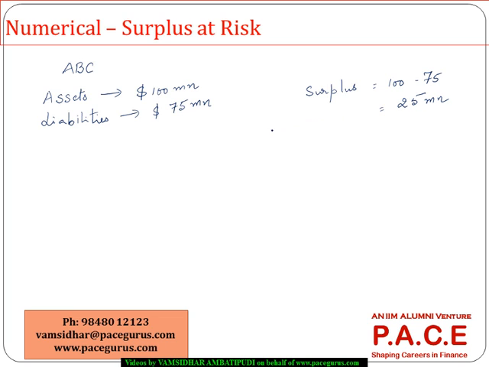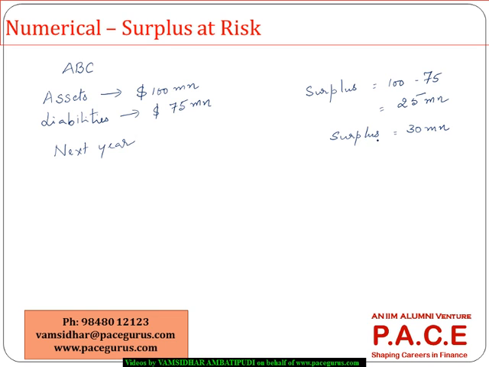Right? And now I am expecting that for the next year, let's say I am expecting that the surplus will become, let's say, around 30 million.